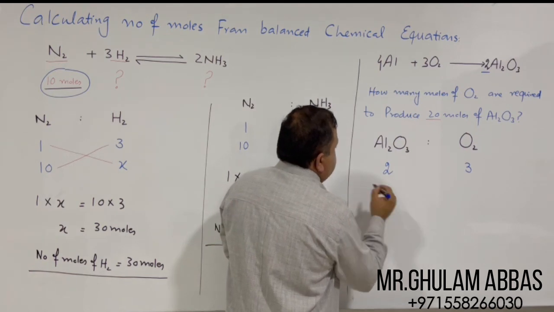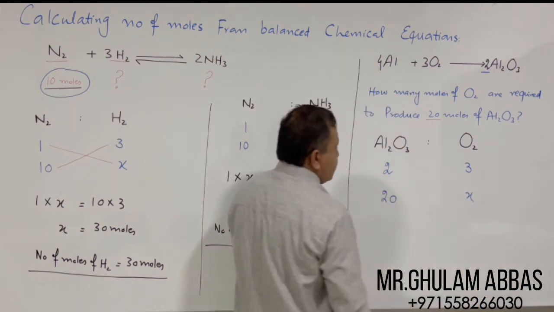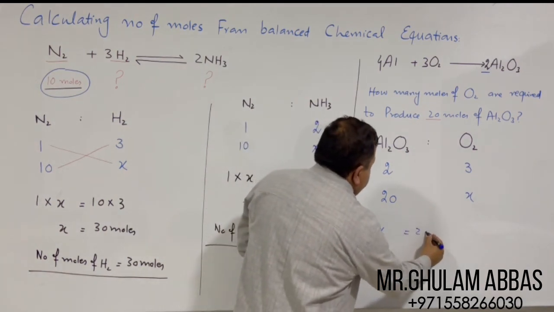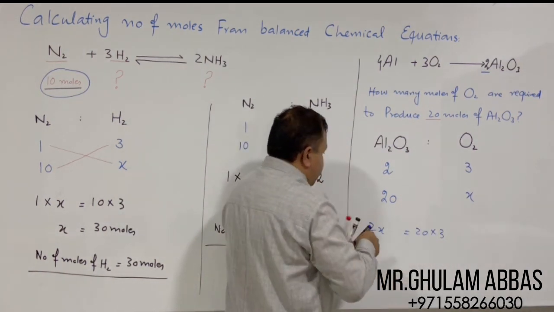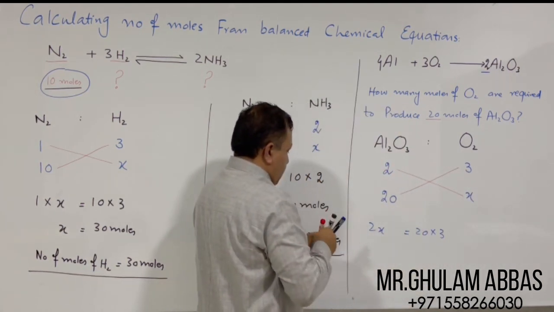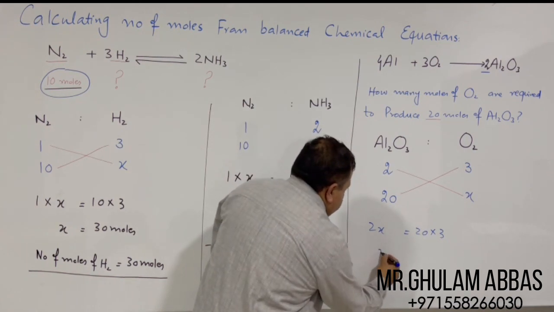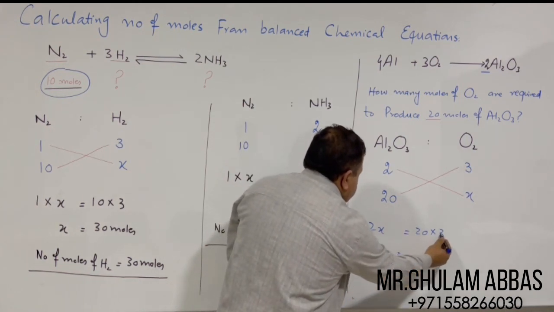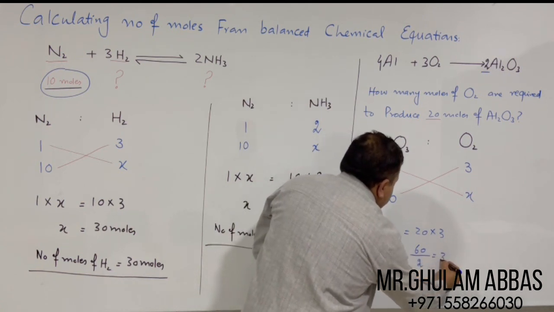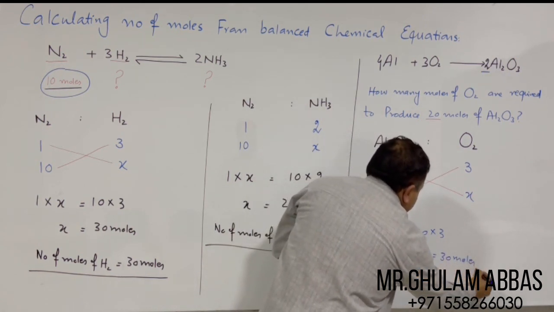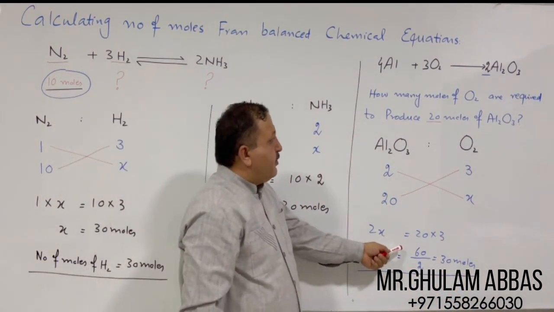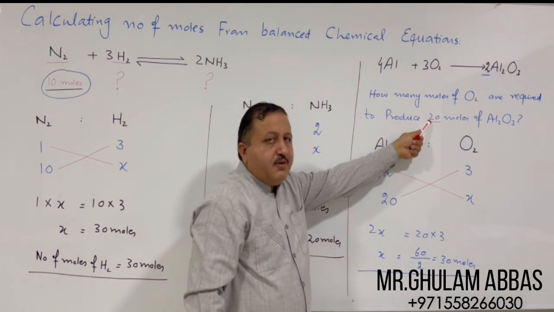So for 20 moles, we will write x. 2x is equal to 20 into 3 by cross multiplication. X will be equal to 20 into 3, 60, divided by 2. It is equal to 30 moles. These are the moles of oxygen which are required to produce 20 moles of aluminium oxide.